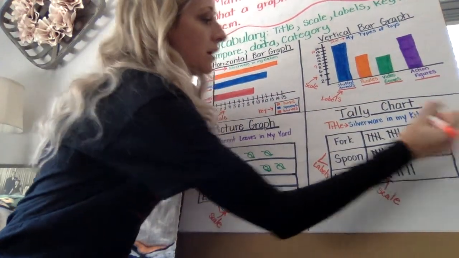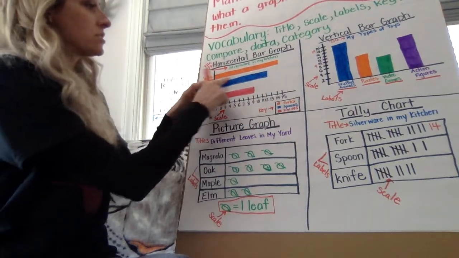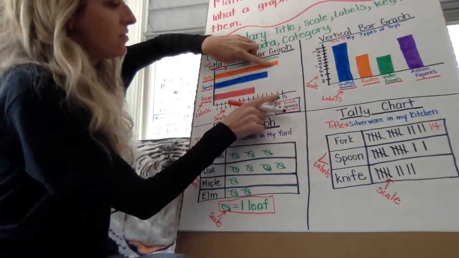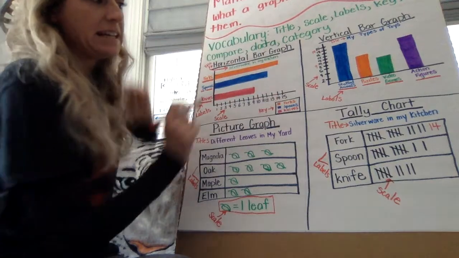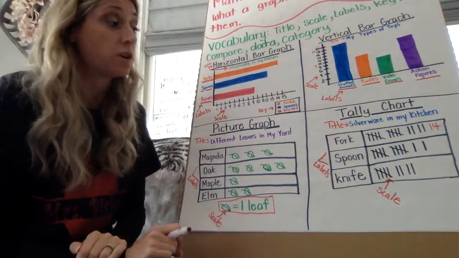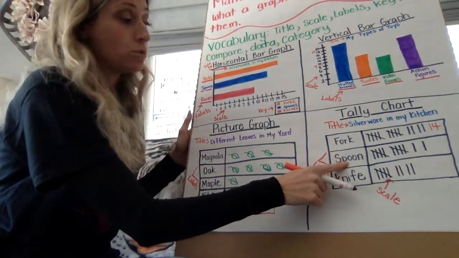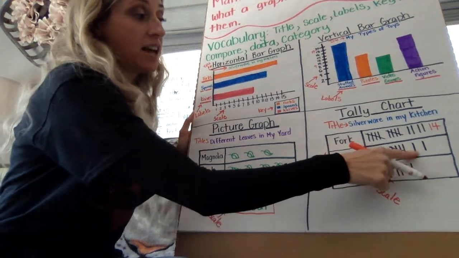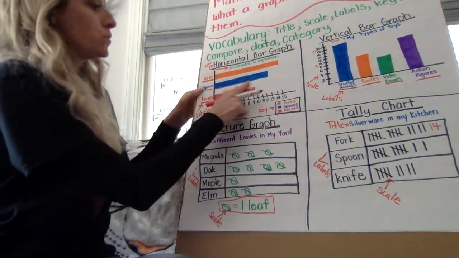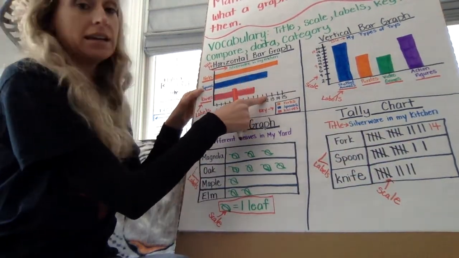And if we look up here at forks, we see that we have 14. It's just shown in a different way. Let's look at spoons: 5, 10, 11, 12. Spoons is 12.